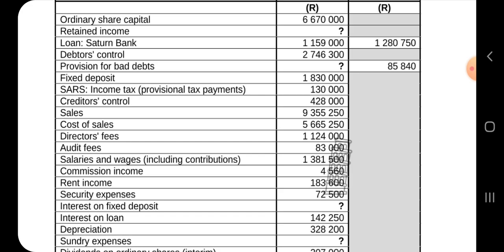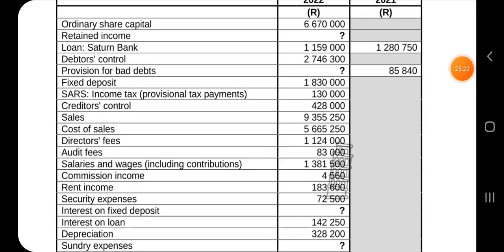Now we have to make it 3% of debtors control. When we look here, the debtors control balance is 2,746,300 rand. Then we multiply that to get 3% of that amount, and that is 82,389.